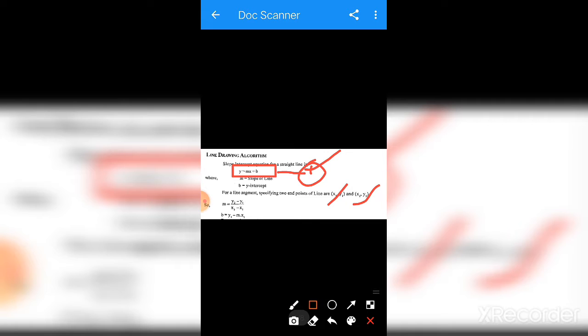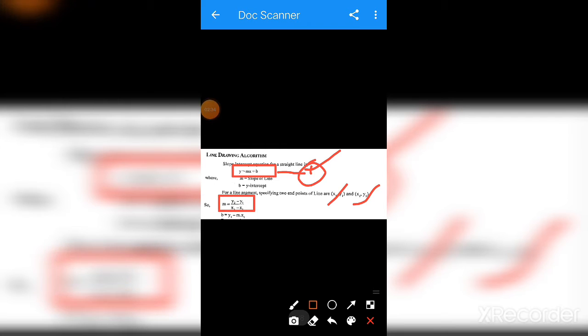To find the slope of the line, we use this equation: m equals (y2 minus y1) by (x2 minus x1). m means the slope of the line.